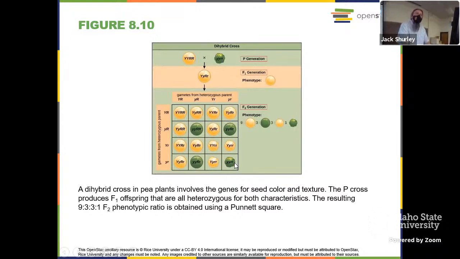It's a similar situation, with this kind of 3-to-1 situation. In order to have the wrinkled and the green characteristic, the odds of that are very small, as we look at all of these potentials. So multiple things can be evaluated, multiple traits.